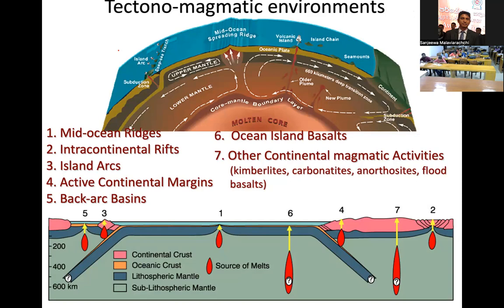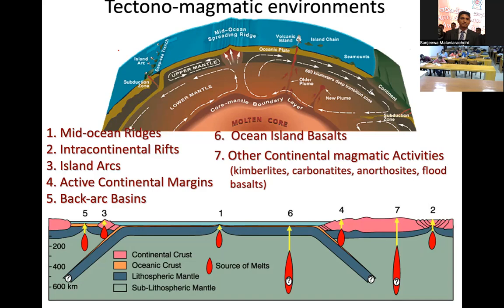Tectonomagmatic environments means the places within the crust and mantle where magma can be generated. Tectono means as a result of tectonic processes. Magmatic, as you already know, is just the generation of magma. So this generation of magma with respect to tectonic areas, forces or divisions in the Earth, we call tectonomagmatic environments, right?